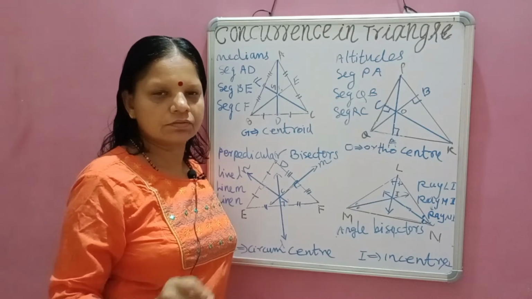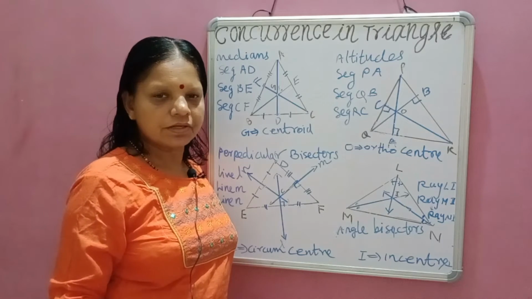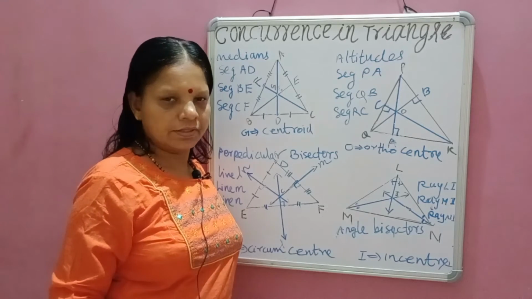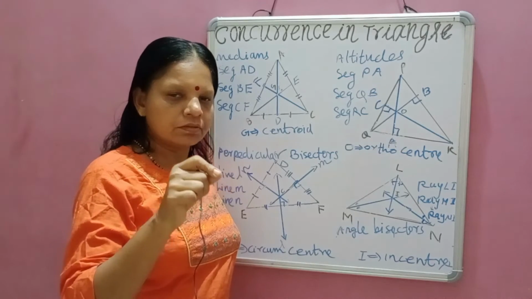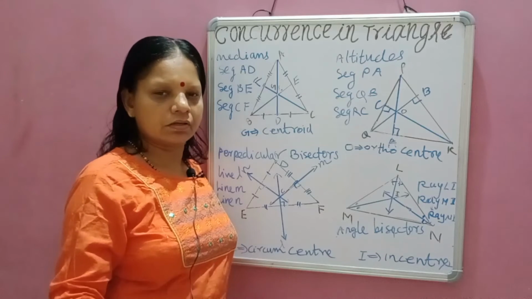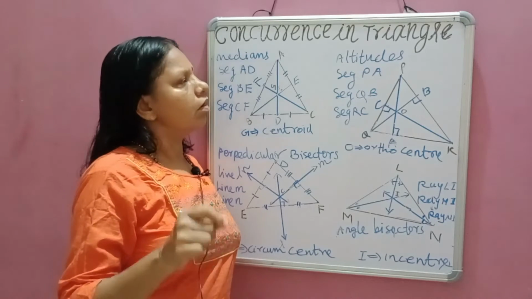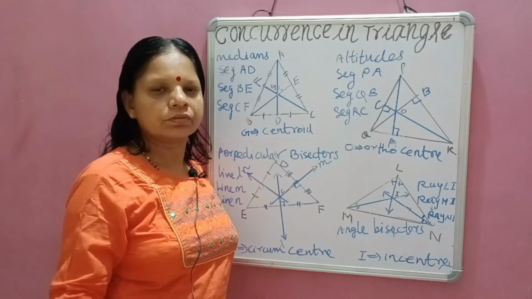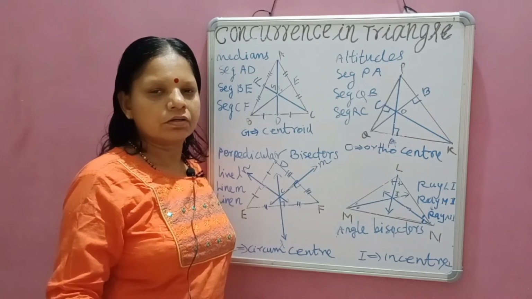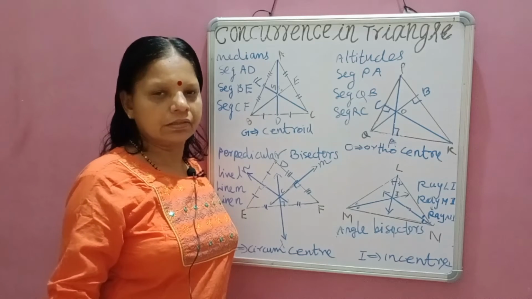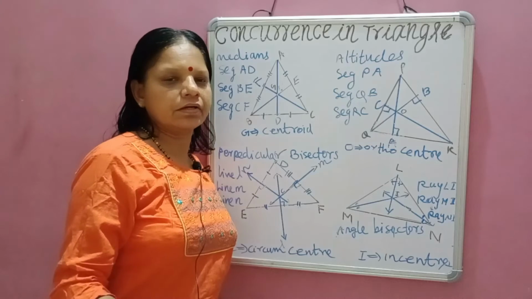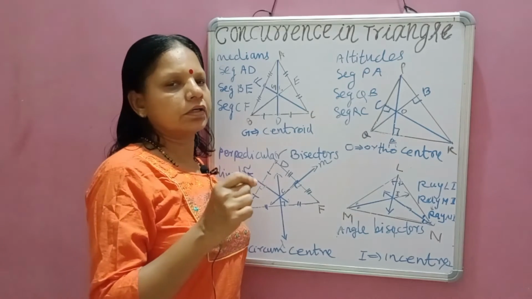What is an altitude? What is the definition? The line segment drawn perpendicular to a side from the opposite vertex of a triangle is called an altitude of the triangle. There are three altitudes for a triangle. All the three altitudes of a triangle are concurrent.